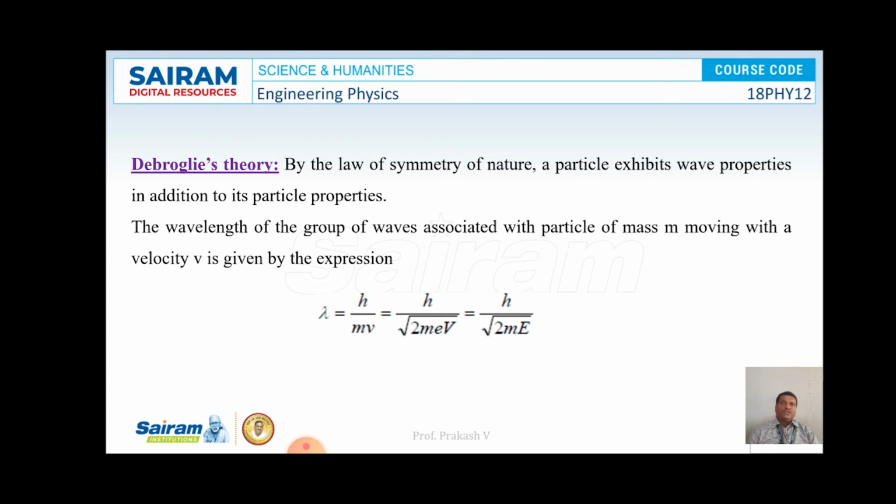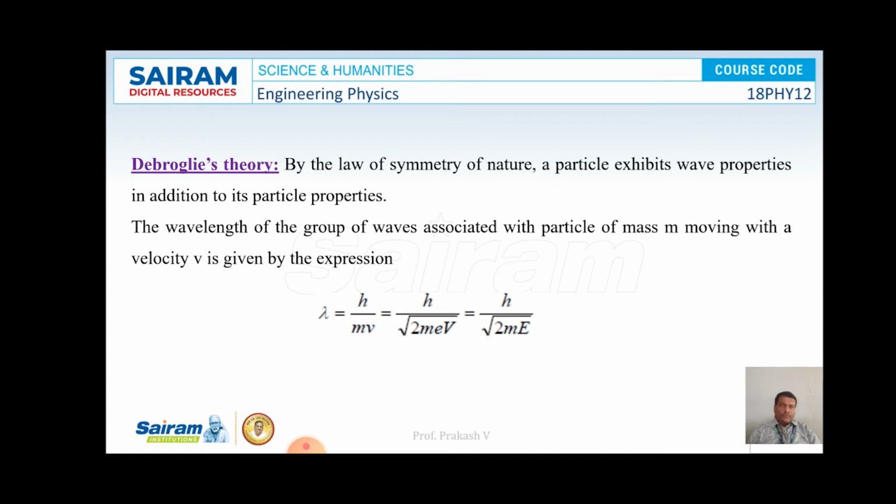Now let us consider a particle of mass m moving with velocity v. Then the wavelength associated with the particle is given by lambda equals h by mv, where h is Planck's constant, m is the mass of the particle and v is its velocity.